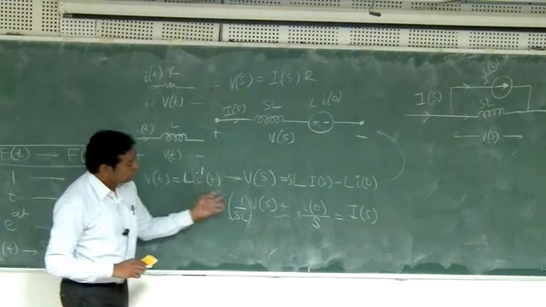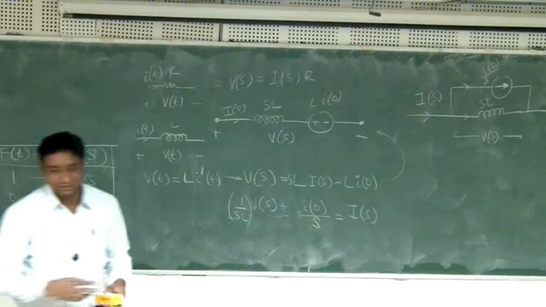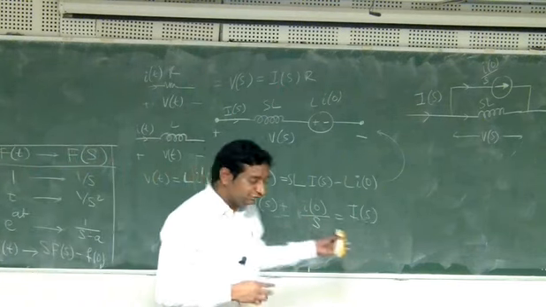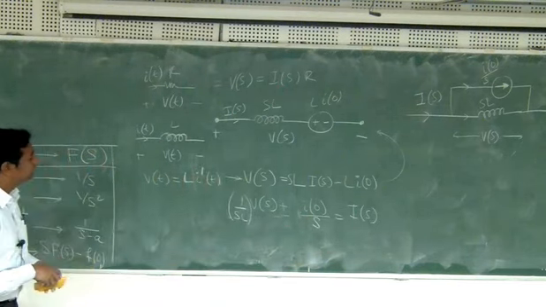On the right side, it's an algebraic equation. So the application of Laplace transform, converting a differential equation into an algebraic equation, so that you can manipulate easily. It's like algebraic calculation. So we'll see one example on that also.